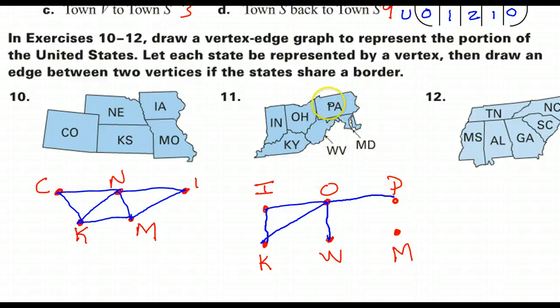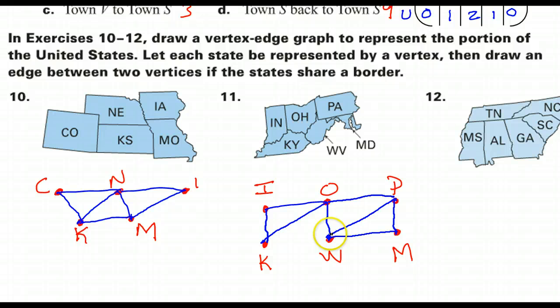Pennsylvania. Pennsylvania shares a border with Ohio. All right, and West Virginia. And Maryland. Okay. Now Maryland shares a border with Pennsylvania and West Virginia. All right, but doesn't quite get to anybody else.